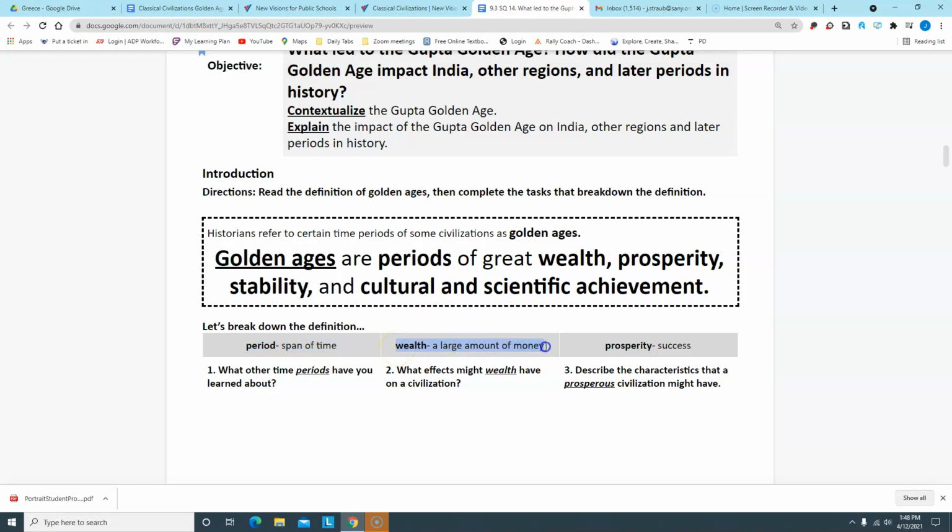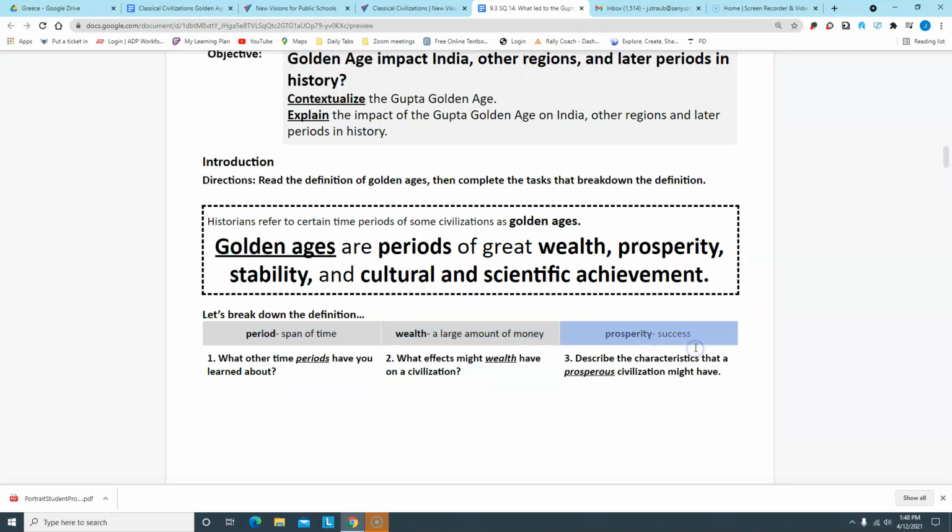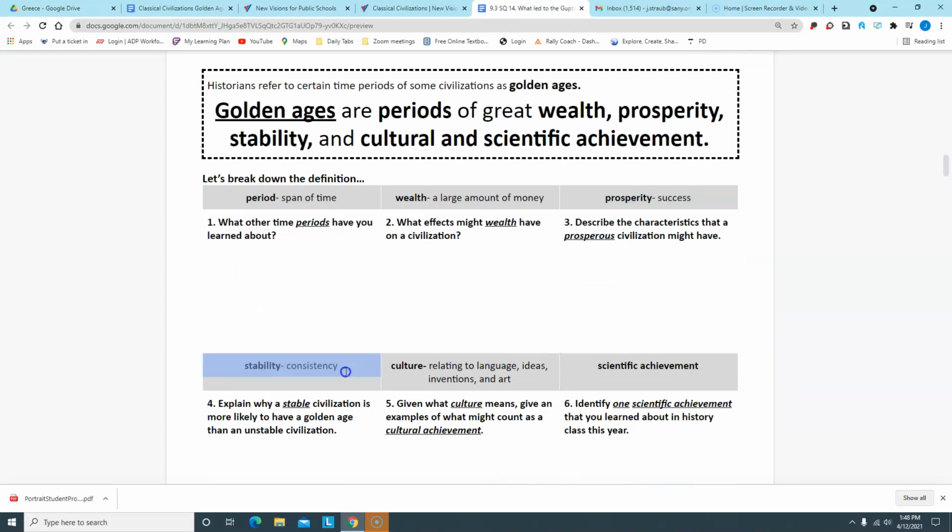Wealth is a large amount of money. Prosperity means success. Stability means consistency. Culture is relating to language, ideas, inventions, and art. And then scientific achievements. So down here, number 6, identify one scientific achievement that you've learned about in history class so far this year.